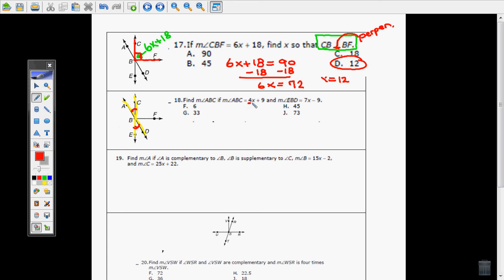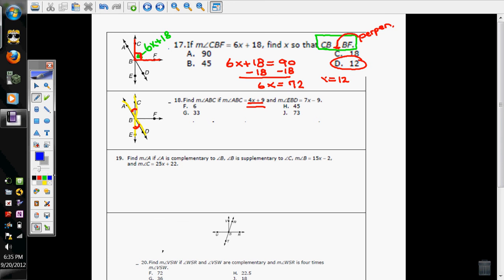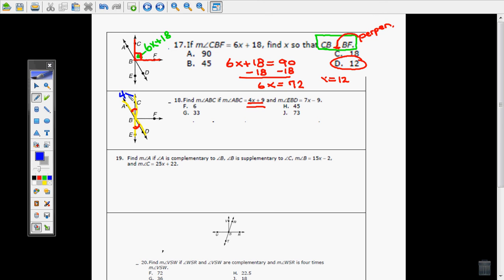So now I'm going to take the information and label. Now that I know I have vertical angles going on, I can piece together the information that they gave me. I know that ABC is 4x plus 9, which is this guy, and EBD is 7x minus 9.